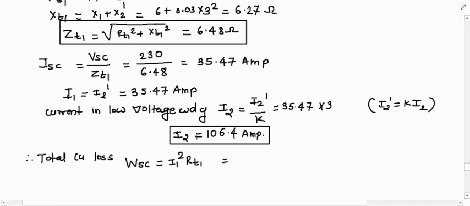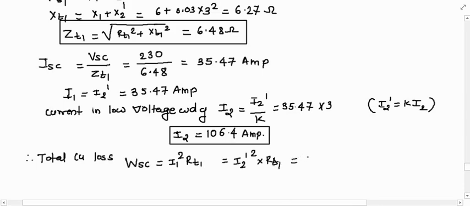So I2 dash we got here, right? So I1 is nothing but equals to I2 dash. So I will write down here I2 dash square into RT1.